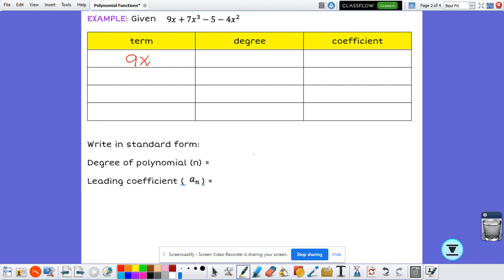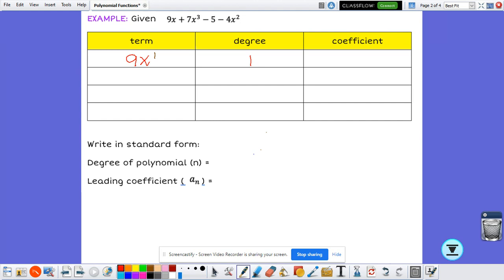Now, the degree of this term is the exponent of the variable, the exponent of x. Now, the exponent of x here, if it is not given, that means it is 1. So the degree is equal to 1. The coefficient is the number beside the variable.